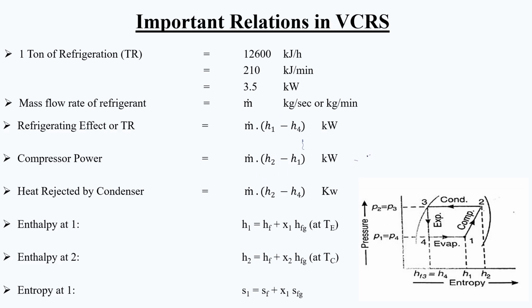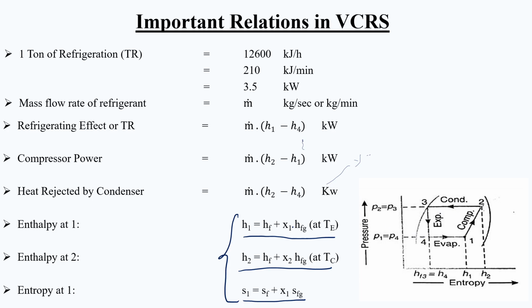The actual difference in formula comes here, where we may need to evaluate the enthalpies at points 1 and 2 respectively using these formulas. H1 is given by HF, the enthalpy of fluid corresponding to the evaporator temperature, plus X1, the dryness fraction of the refrigerant entering the compressor, times HFG, the latent heat of vaporization at the evaporator temperature.